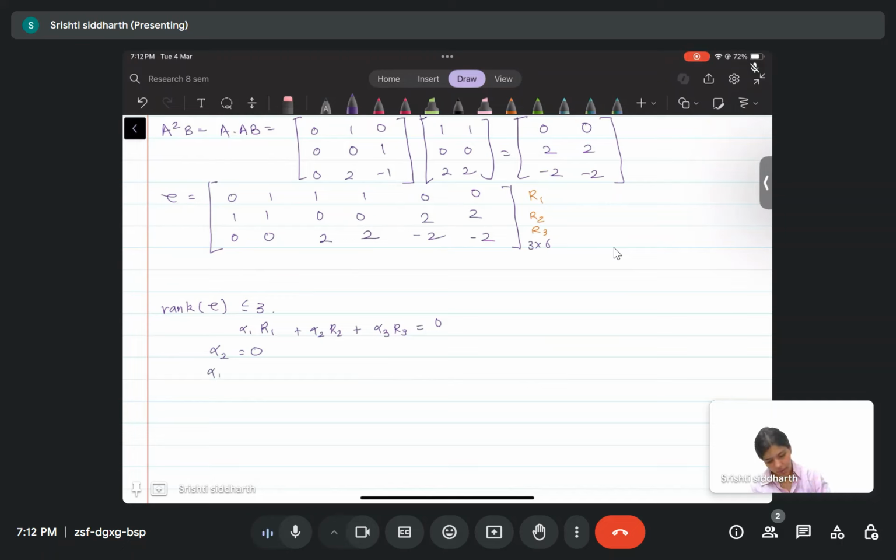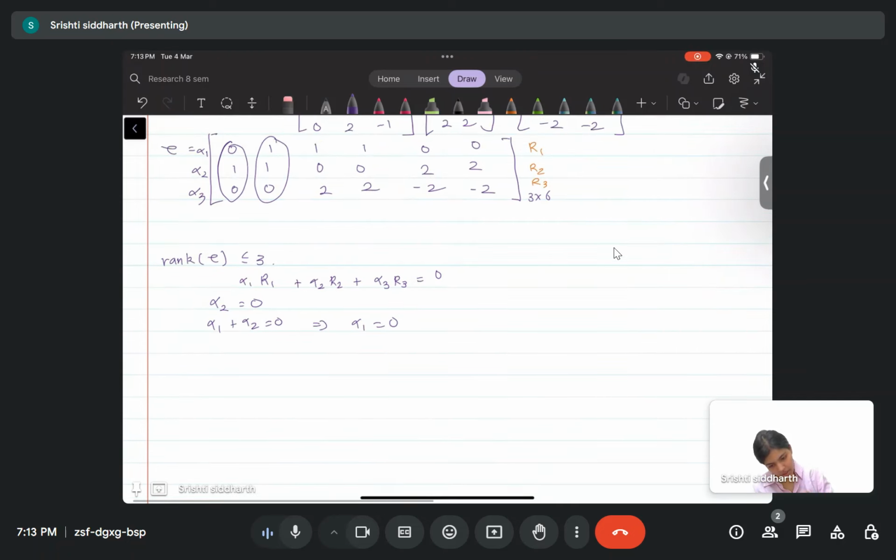Then we have alpha 1 plus alpha 2 equals 0, which simply means alpha 1 is 0. What I'm doing is multiplying alpha 1, alpha 2, alpha 3 by the first column for the first equation, and the second equation is multiplied by the second column. Similarly, the third equation is alpha 1 plus 2 alpha 3 equals 0, so alpha 3 is 0. Therefore, the rank of the controllability matrix is 3, which implies that the pair AB is controllable.